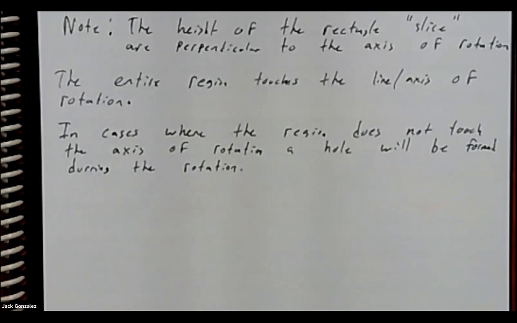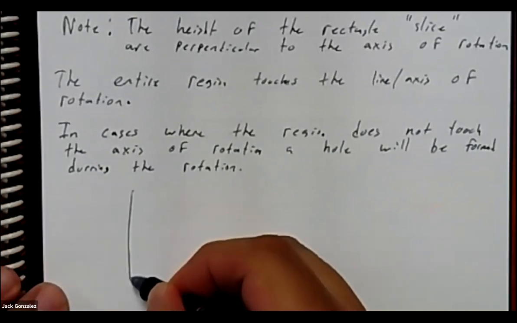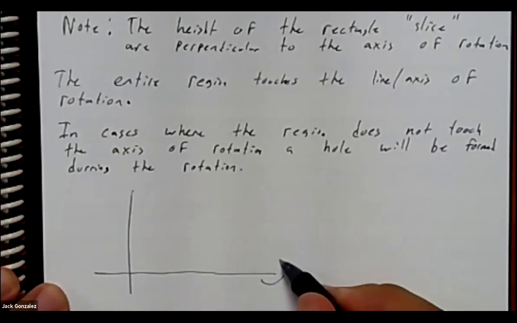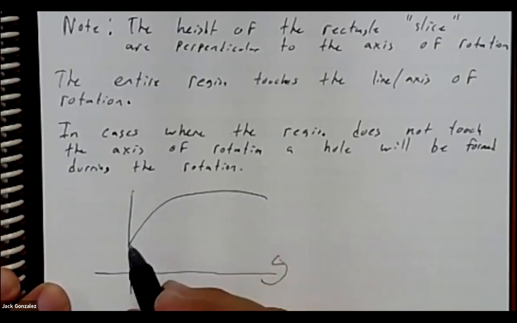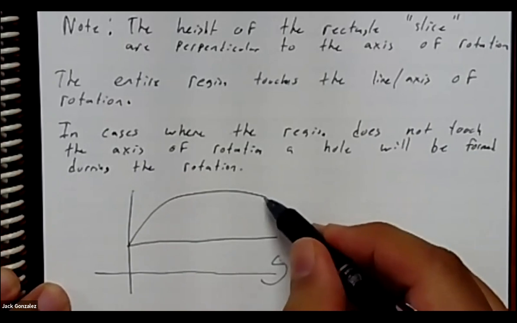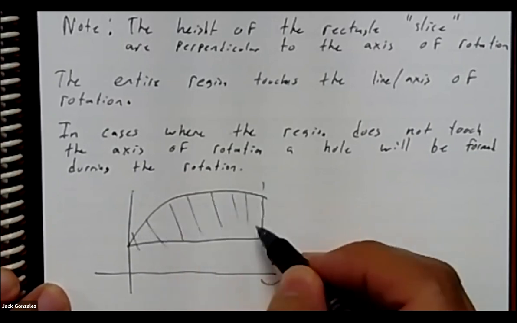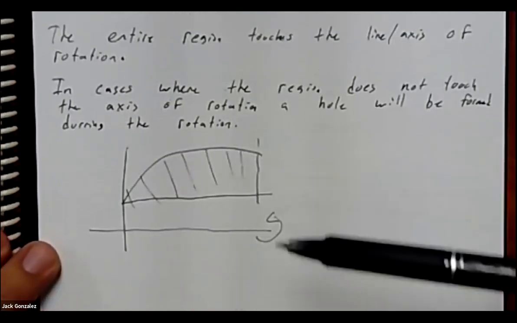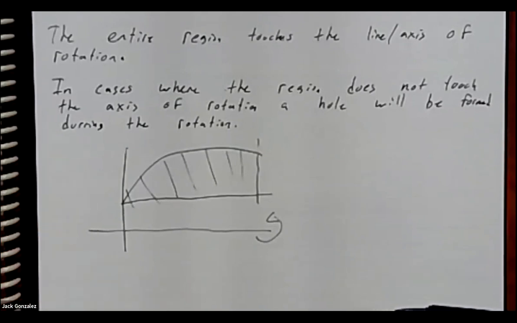So to deal with the hole, let me try to show you what I'm trying to say here. Let's say I'm rotating over here, right? But my graph, my region, is up here. So if I spin this around, do you see that there's a gap? You can pretend it's like leaving a shadow.